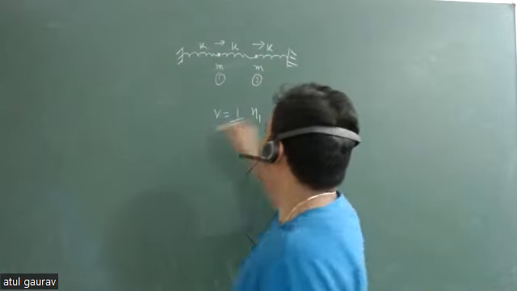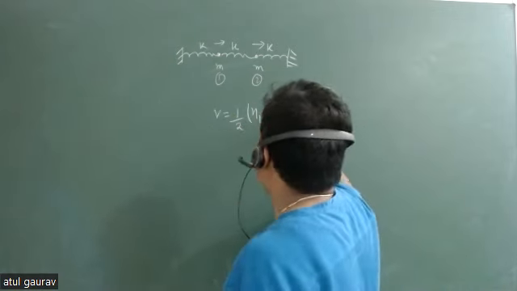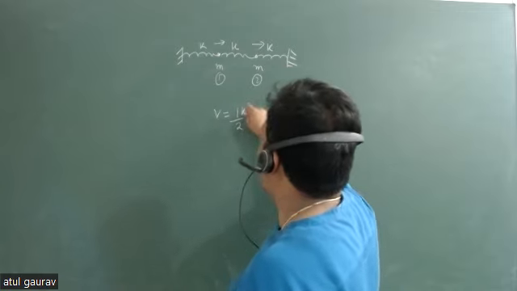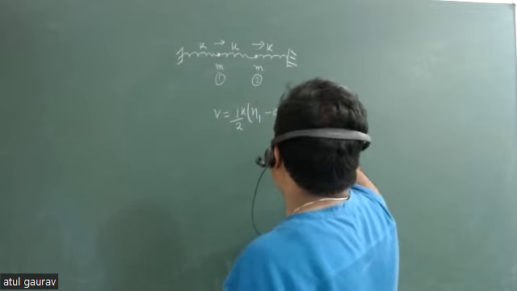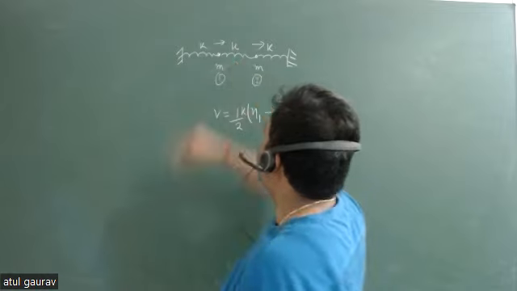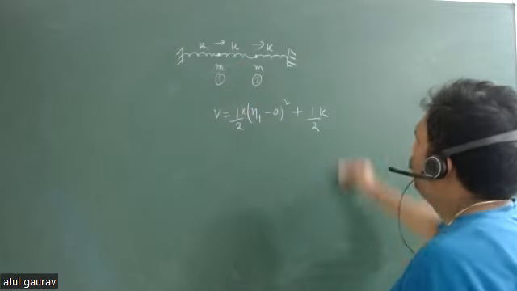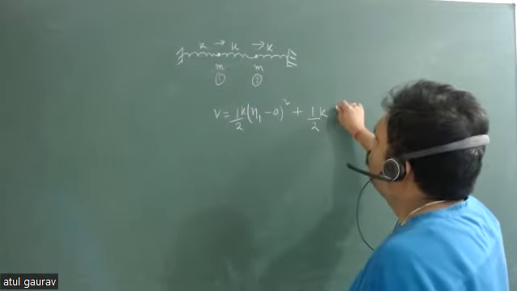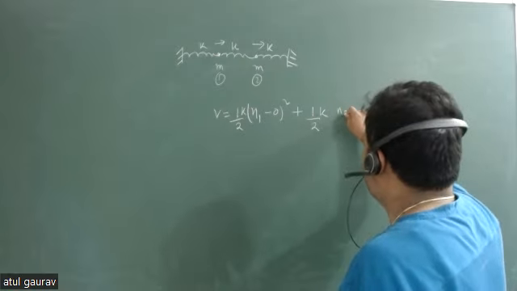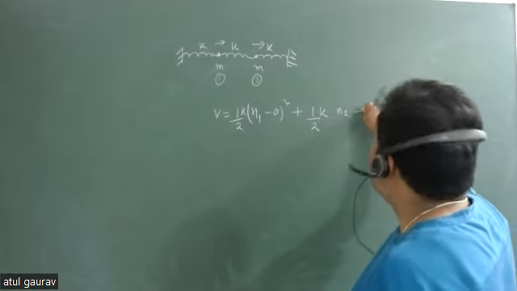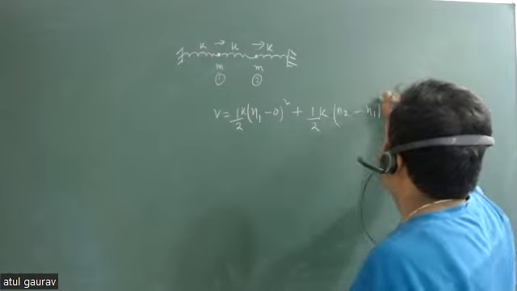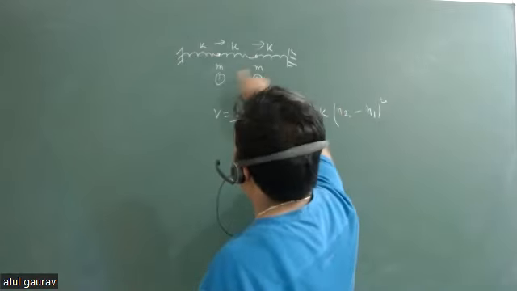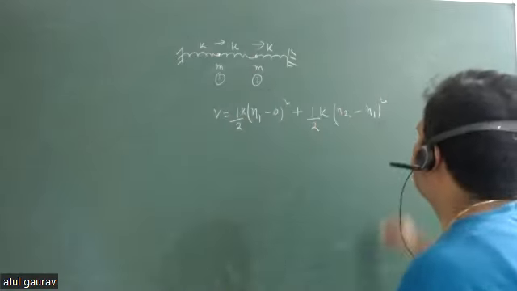No, sir. That means minus 0 whole square, and k will also be there. Now what about the second spring? Eta 2 minus eta 1, right? Whole square. Elongation due to the second one and compression due to the first one.